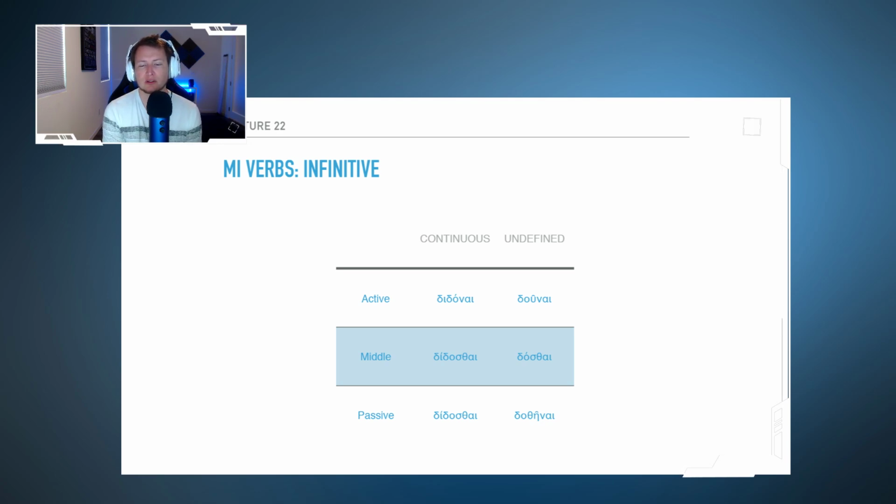If it's passive, to be given. For the undefined, the continuous is didone, to give continuously. The middle would be to give oneself continuously. For the passive, to be given continuously. But the undefined just drops the continuously. So dune, to give, doste, to give oneself, dothine, to be given.